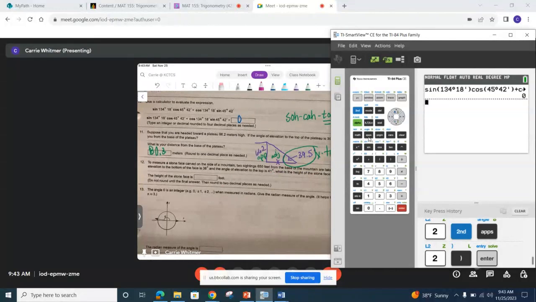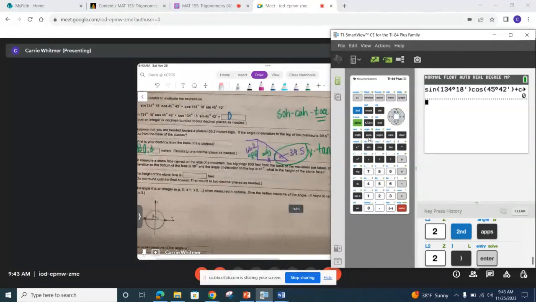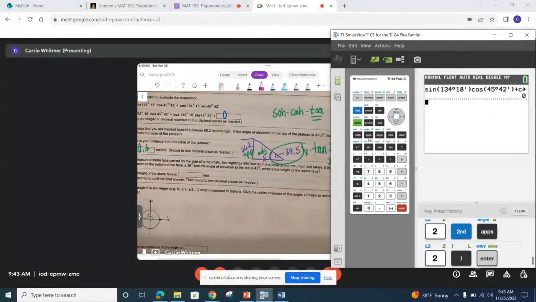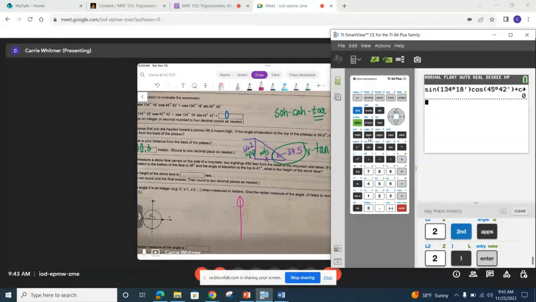Okay, number 12. I'm going to draw this one down here because we don't really need that extra space, and this is a more complicated drawing. Okay, so we have, and you all see what kind of artist I am in here, the stone face that's carved on the side of the mountain.